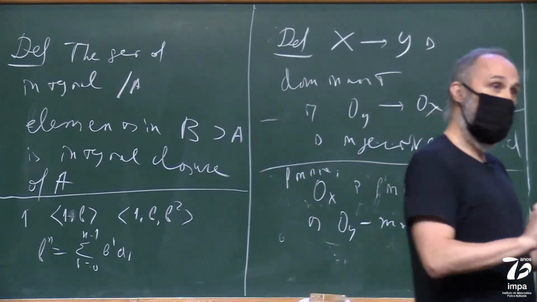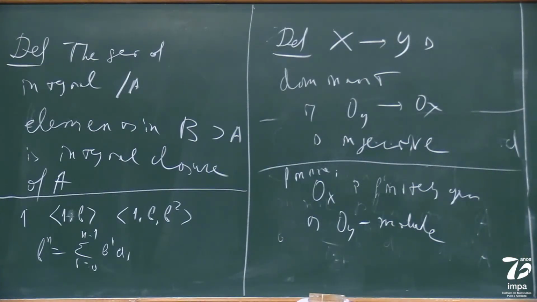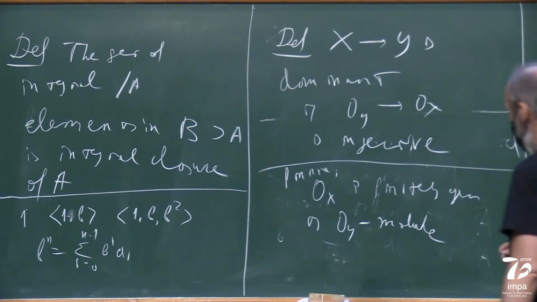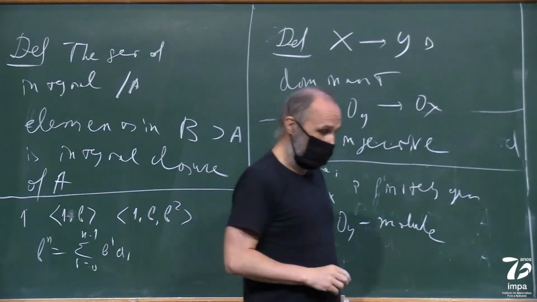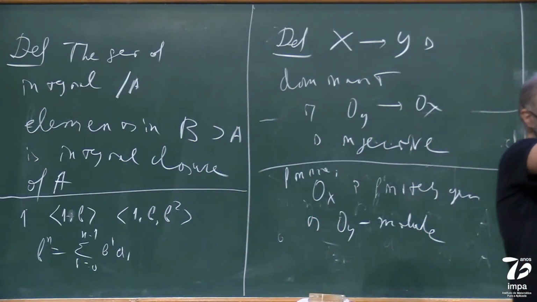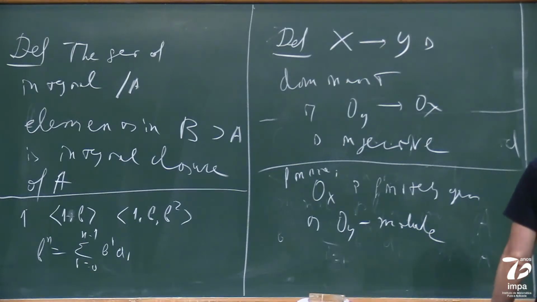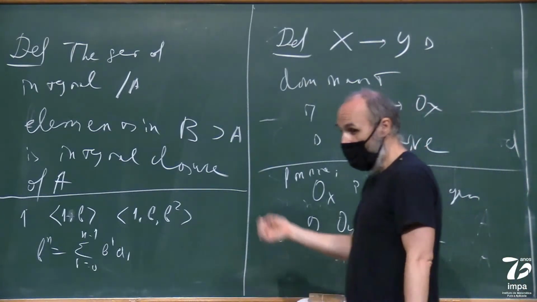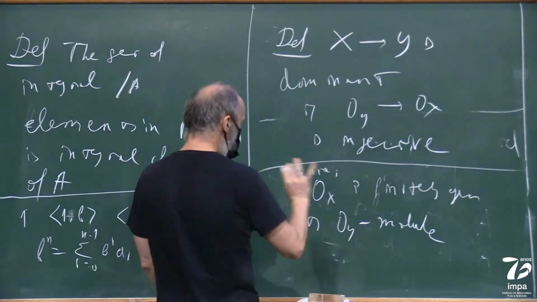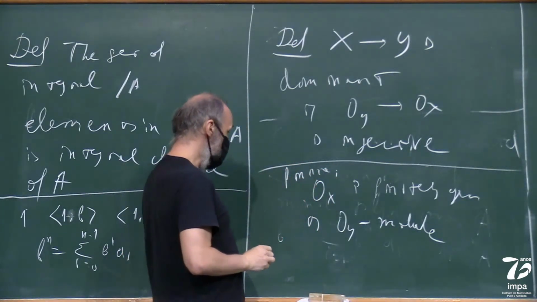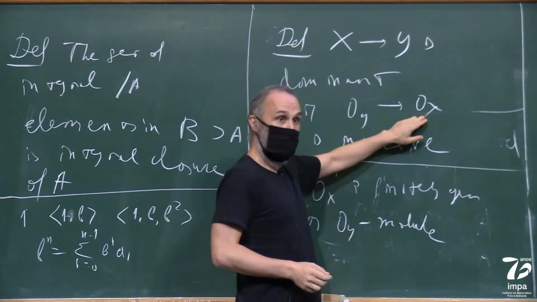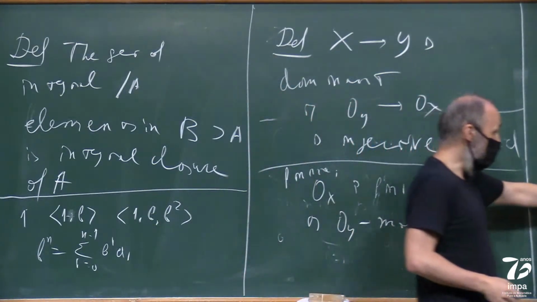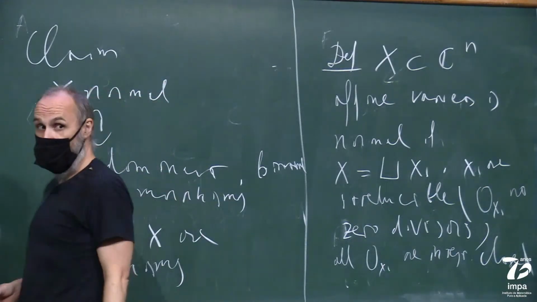Is it completely clear? Let me repeat. Let's restrict ourselves to just one irreducible component, because then you would just have a collection of irreducible components and you can do them separately. So this means that you have an embedding of rings O of Y to O of X. Since it's birational, they have the same fraction field.